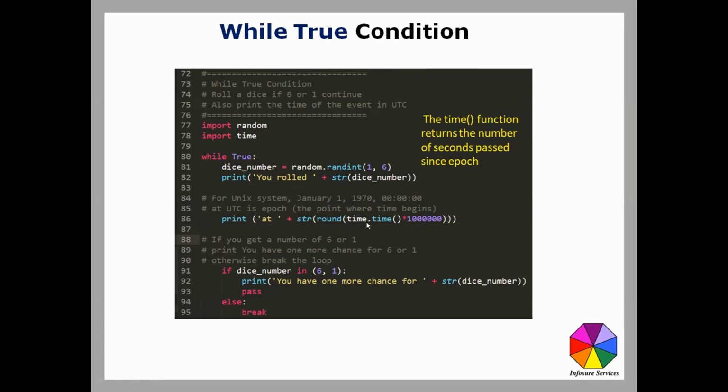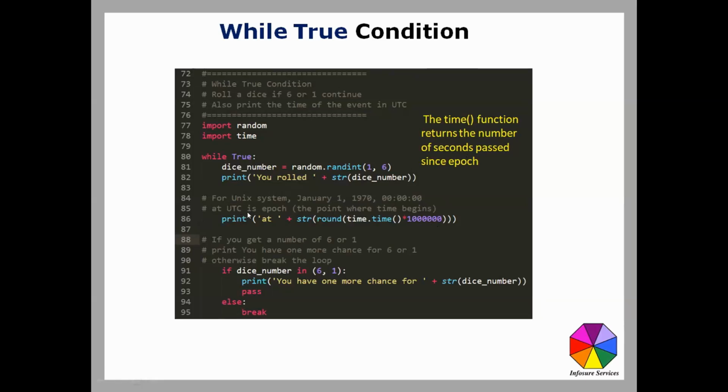What we are doing there is multiplying that number by a million to get a round off number. So that's just a little bit about computers, OS, time, epoch and UTC. So whenever you see this UTC, don't get surprised.